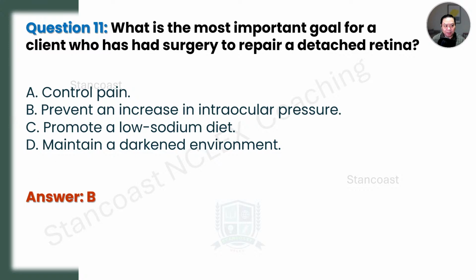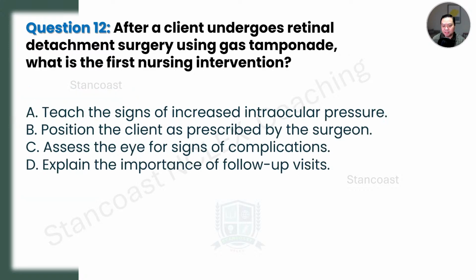Let's have number 12. After a client undergoes retinal detachment surgery using gas tamponade, what is the first nursing intervention? Is it A, teach the signs of increased intraocular pressure? B, position the client as prescribed by the surgeon? C, assess the eye for signs of complications?